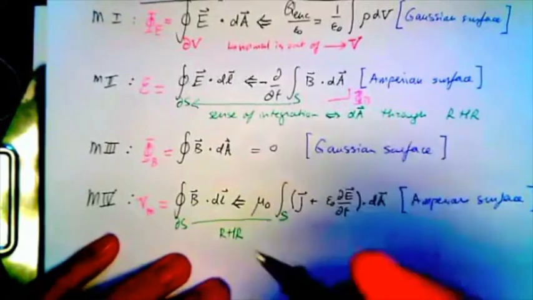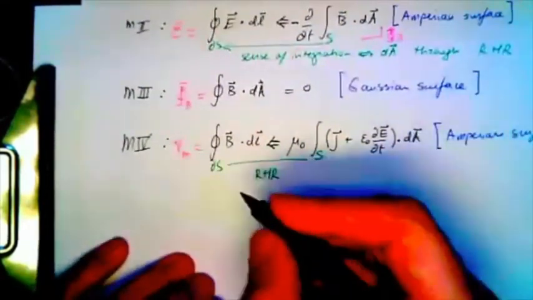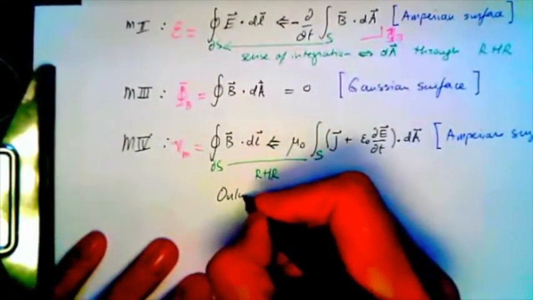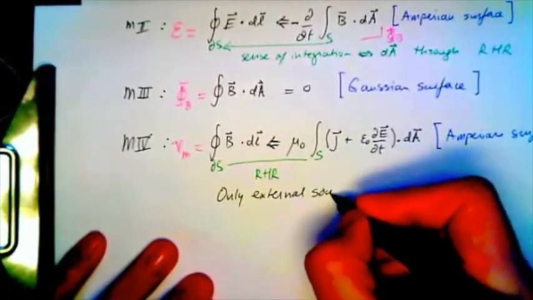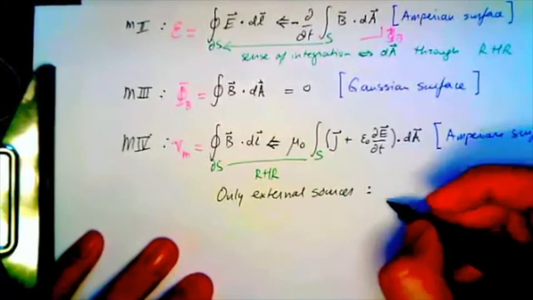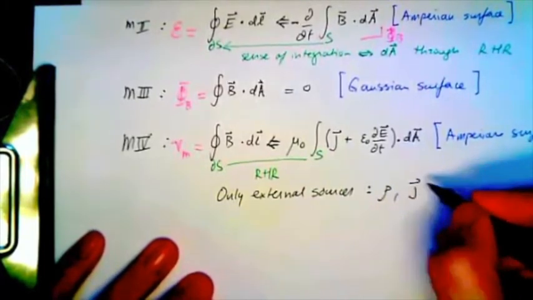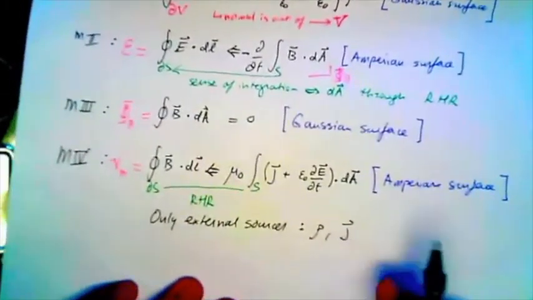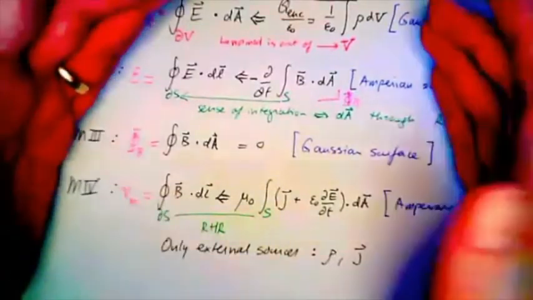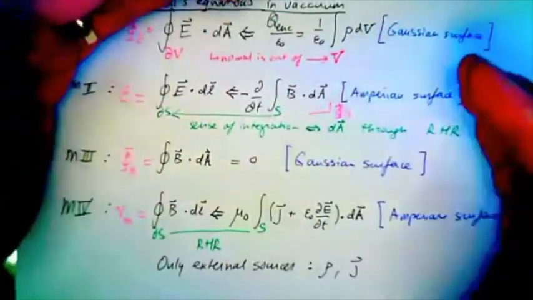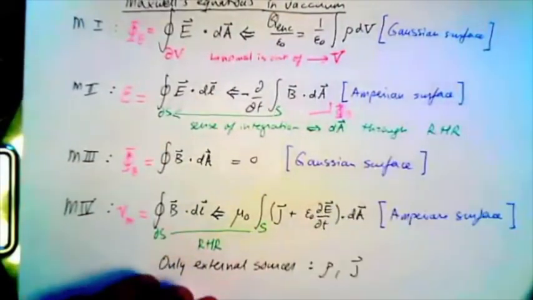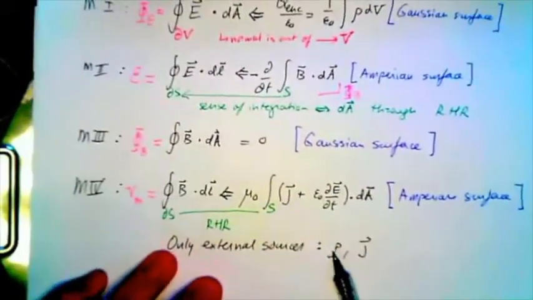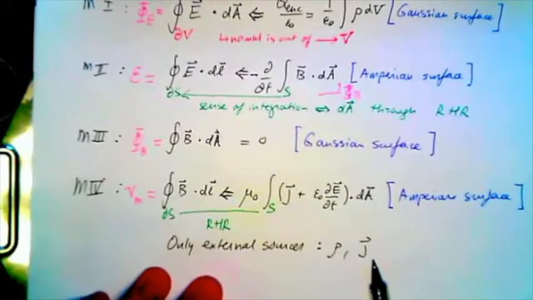So the only external sources that we have are rho and J. If we think about Maxwell's equations as like a little box, and you want knobs on the outside to mess around with fields on the inside, these are the only things you can do. You can put charges in, and you can send currents in.